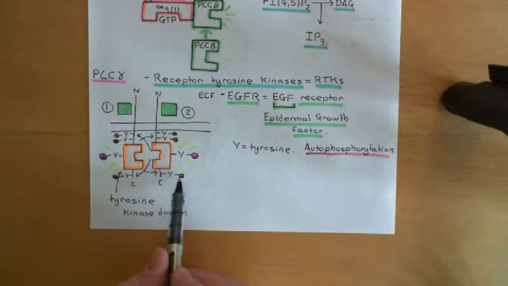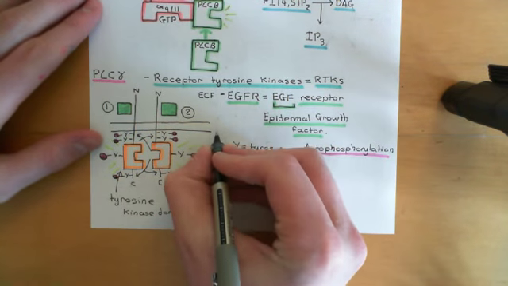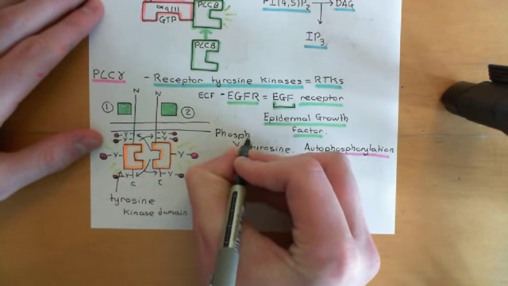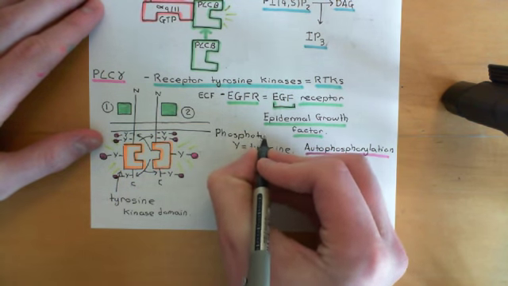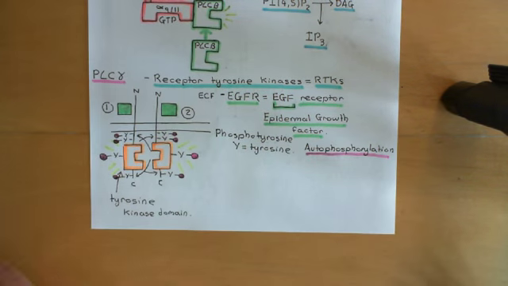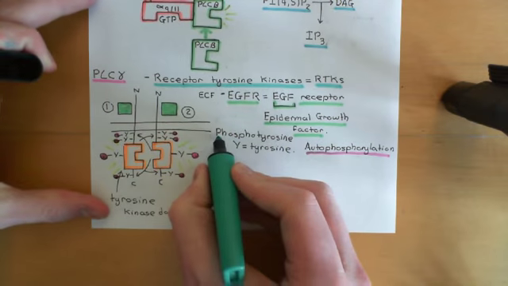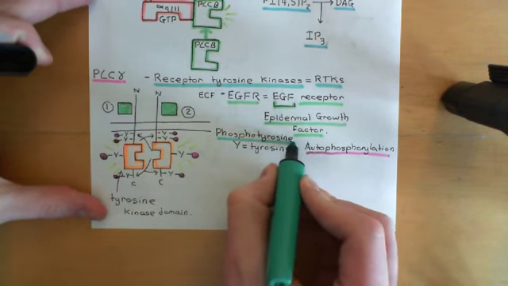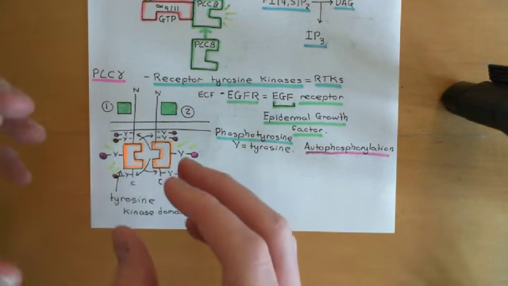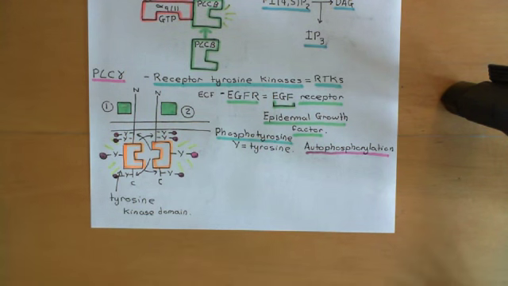So these phosphorylated tyrosine residues, and I'll give you a piece of terminology here, the name for a phosphorylated tyrosine residue is a phosphotyrosine residue. Now we've got the appearance of all of these phosphotyrosine residues on the intracellular aspect of the receptor tyrosine kinase dimer here. Loads of different signaling proteins can come and bind to these phosphotyrosine residues and then set up all sorts of different intracellular signaling cascades, basically.